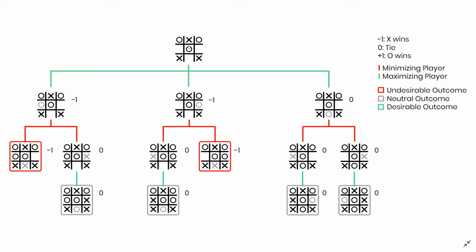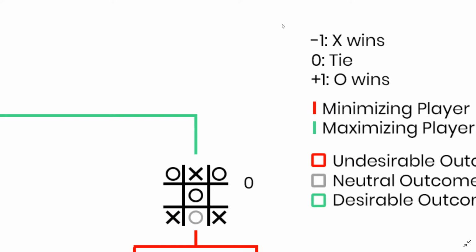Now here we define two terms, minimizing player and maximizing player. A maximizing player is one that wants to maximize the score, and a minimizing player, you guessed it, is one that wants to minimize the score. These zeros, ones and -1s are what we call the score. So we have three outcomes.